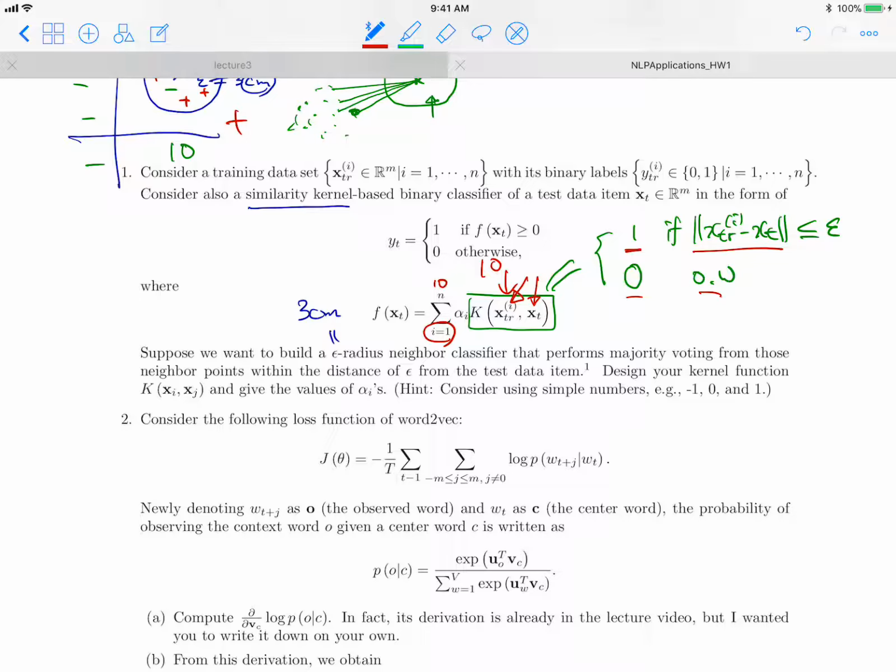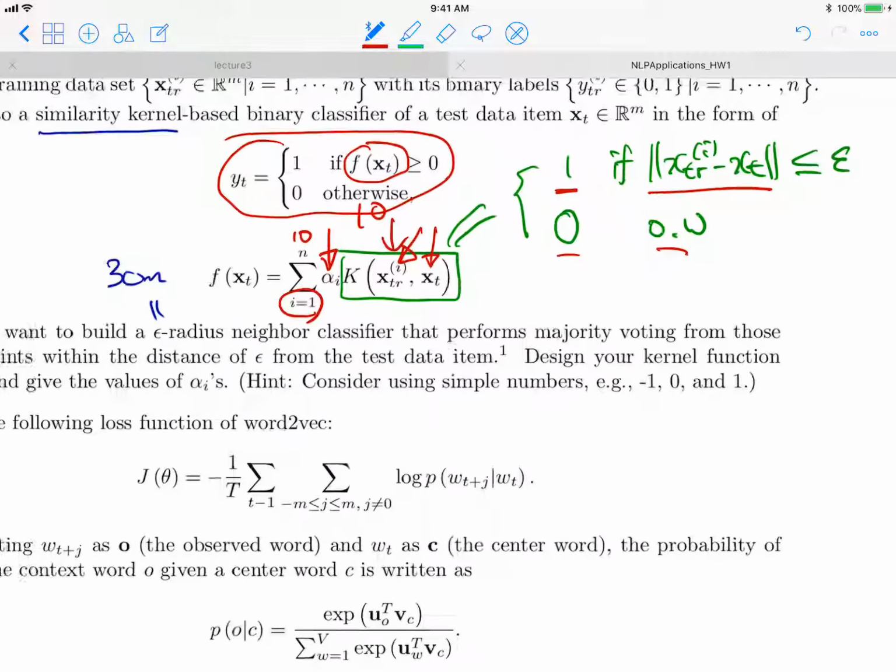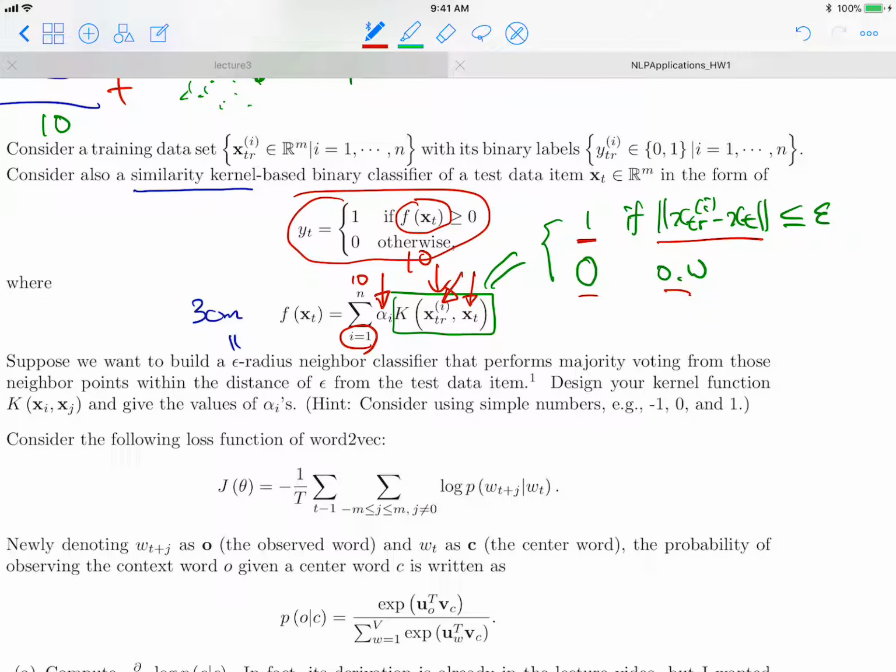Our final classification rule is: if our total function is positive or non-negative, we classify it as positive, otherwise it will be 0. So we now have to determine these alpha i's. Some students defined the alpha i's as dependent on x_tr or x_t, meaning both of them.